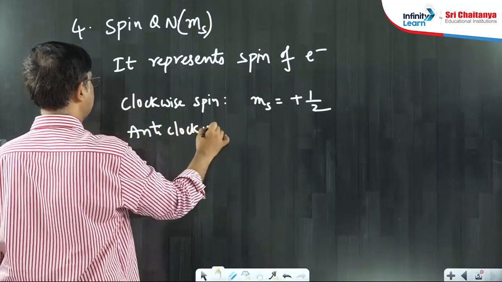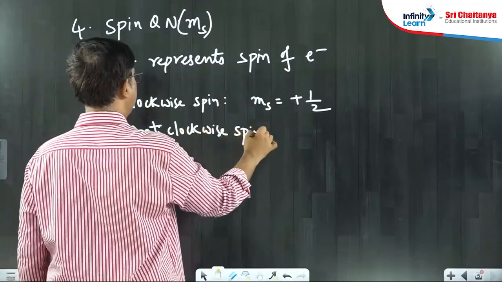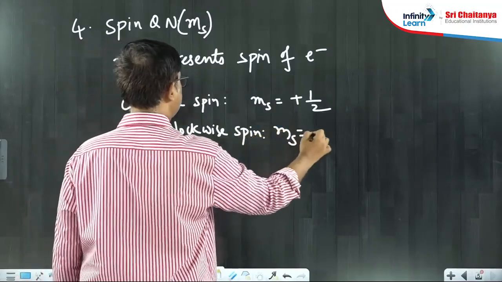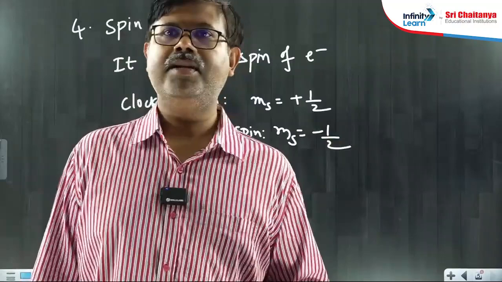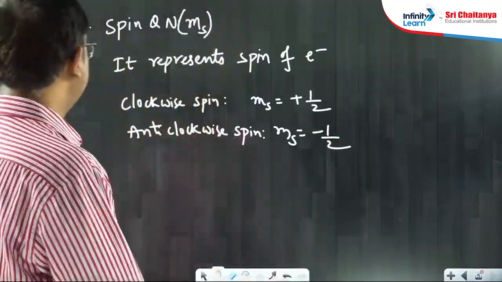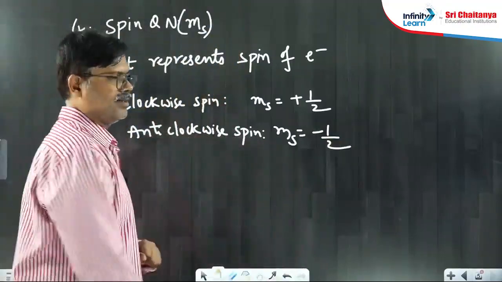Anti-clockwise spin, ms value will be taken as minus half. That's it. Clockwise spin plus half, anti-clockwise spin minus half. These are the 4 quantum numbers.